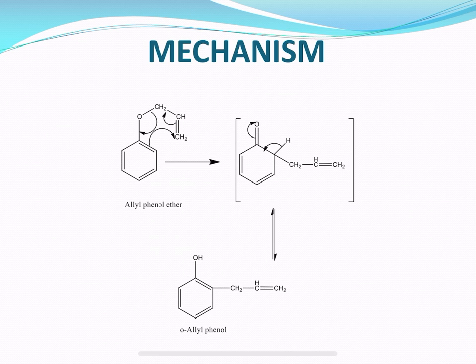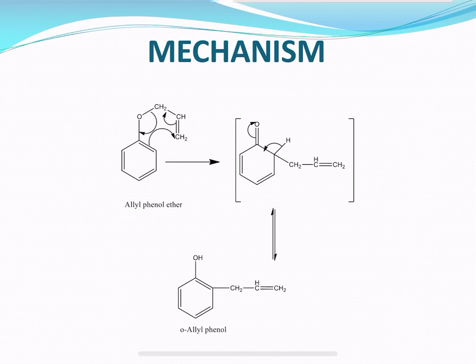There are many variations of Claisen rearrangement to observe. We can observe the Claisen rearrangement in the aromatic Claisen rearrangement, or Bellus Claisen rearrangement, or Ireland Claisen rearrangement, photo Claisen rearrangement. Like this, various types of Claisen rearrangement reactions are there.